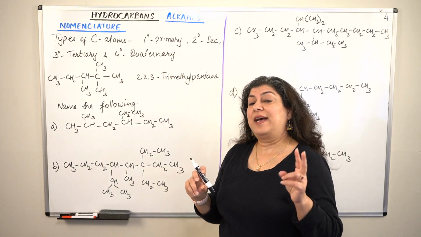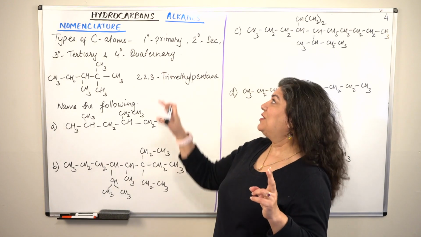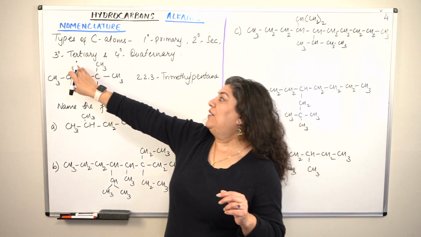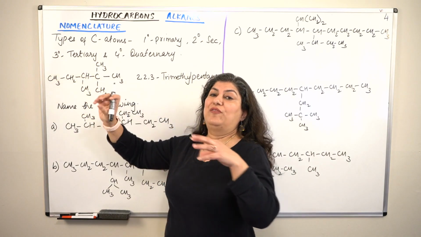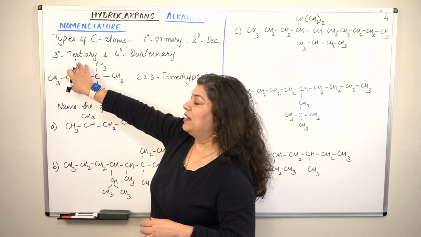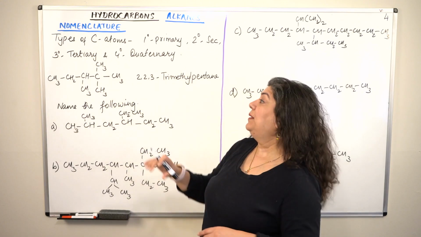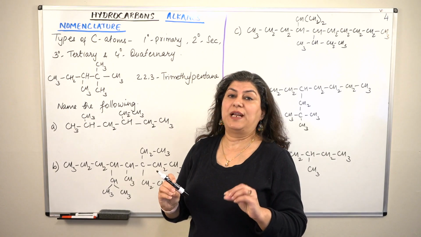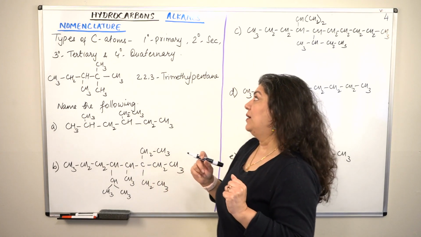If the carbon atom is attached to 2 other carbon atoms, then it is known as a 2-degree or a secondary carbon atom. If it forms bonds with 3 different carbon atoms, then it is a tertiary carbon or a 3-degree carbon. And if the carbon is forming bonds with 4 different carbon atoms, then it is a quaternary carbon atom.